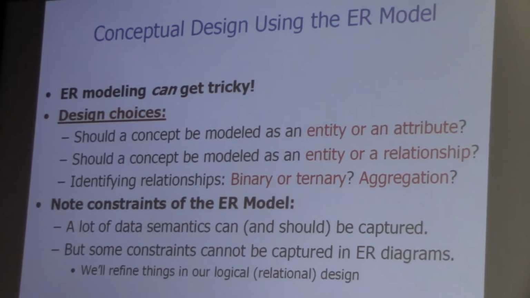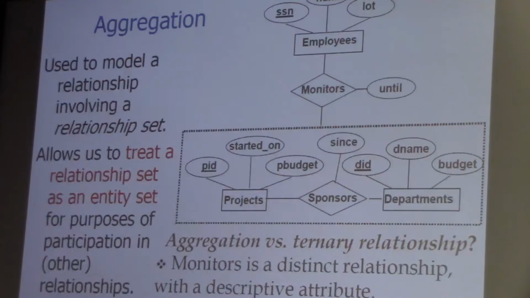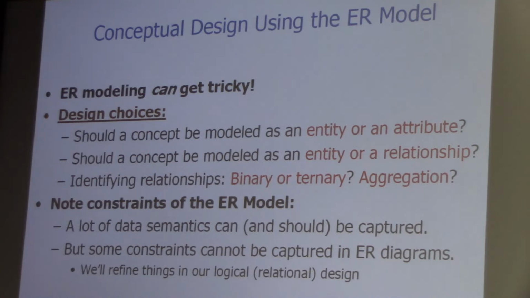Obviously, this employee is monitoring not the product, not the department, but rather the interaction among them. Does that make sense? So this implies that you want a relationship connecting that to the sponsors relationship set. But the ER diagram does not allow you to do that.